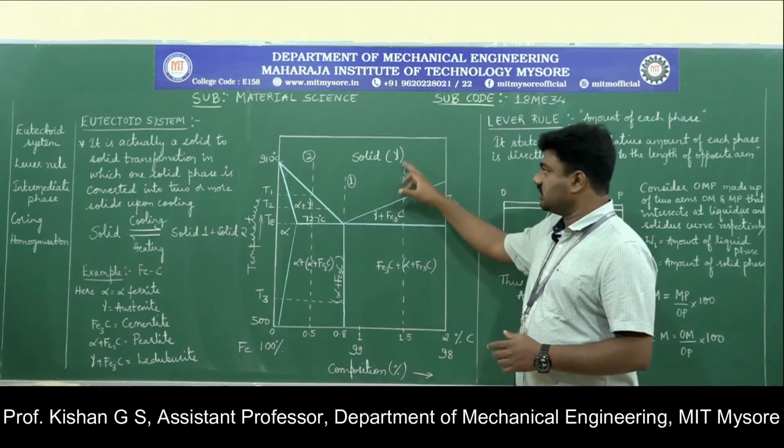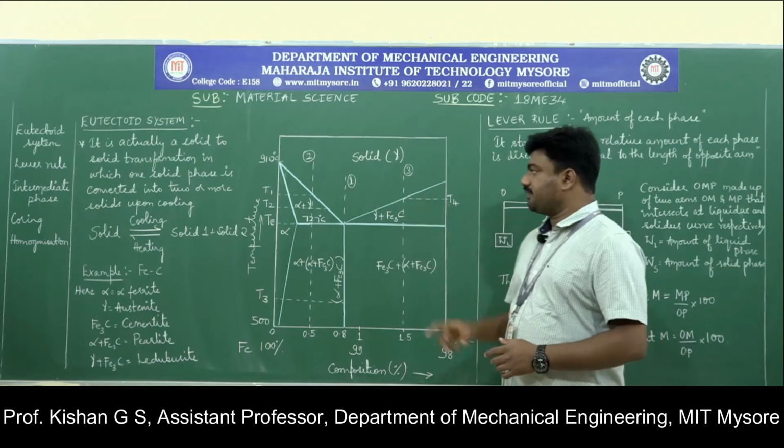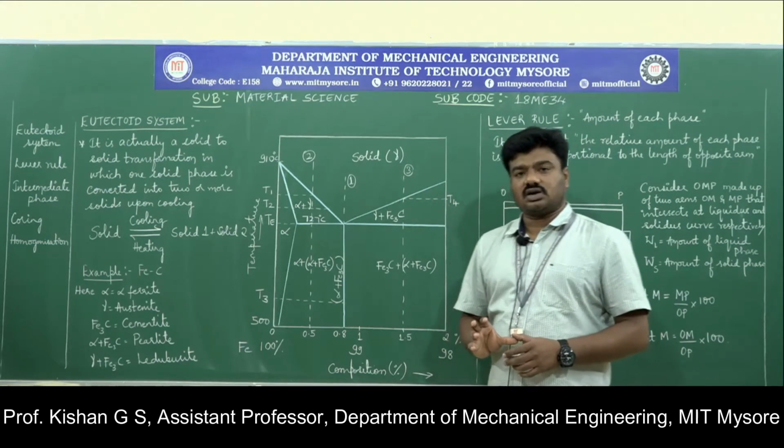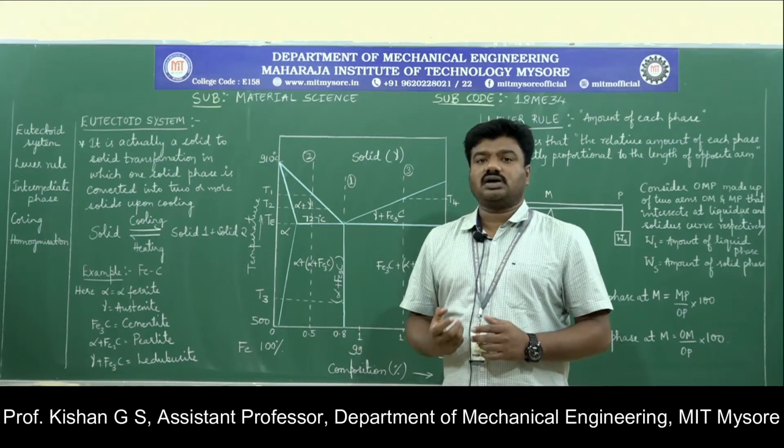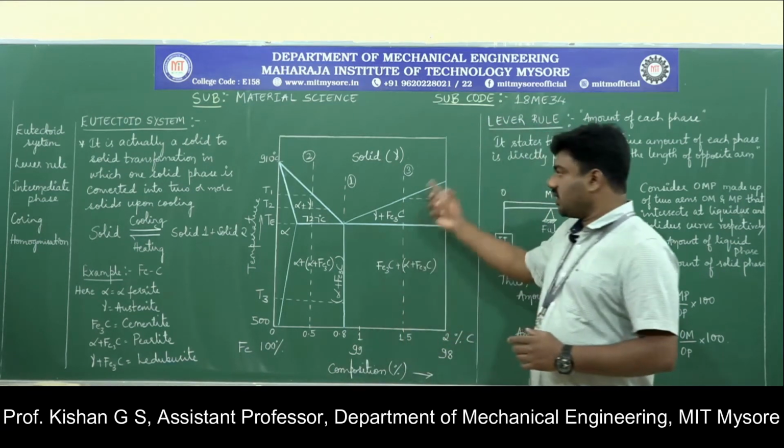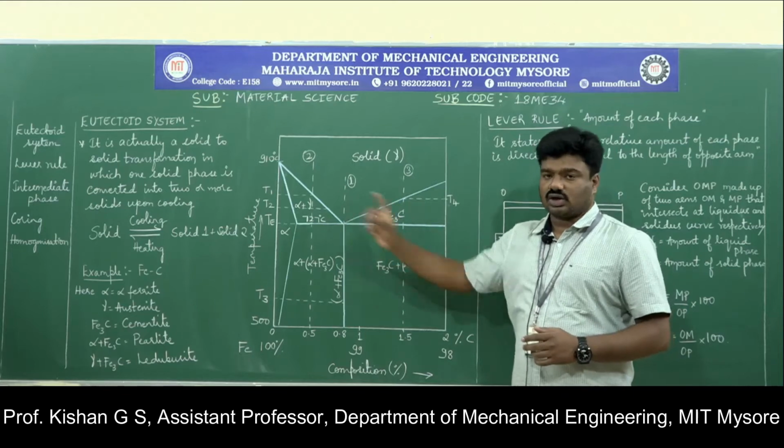Similarly for composition 3, T4 is the corresponding temperature that represents the cooling of austenite gamma into the eutectoid composition.